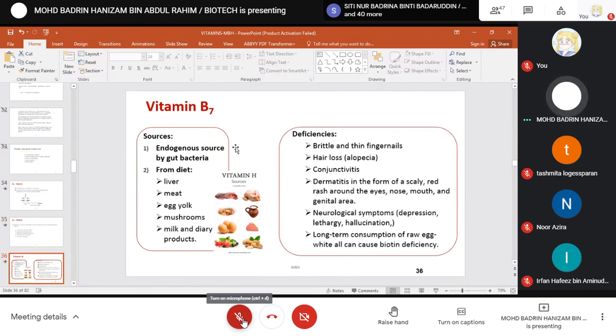Other than that, they produce short chain fatty acids for your gut health, to prevent colon cancer and ulcers in your colon and so on. So we have to take care of our gut bacteria, not only our pet at home. So eat good quality food that contains fiber.